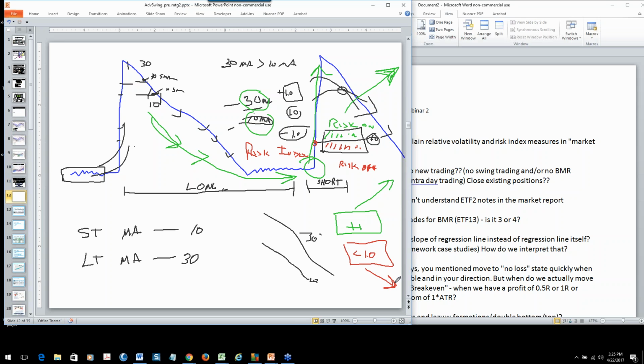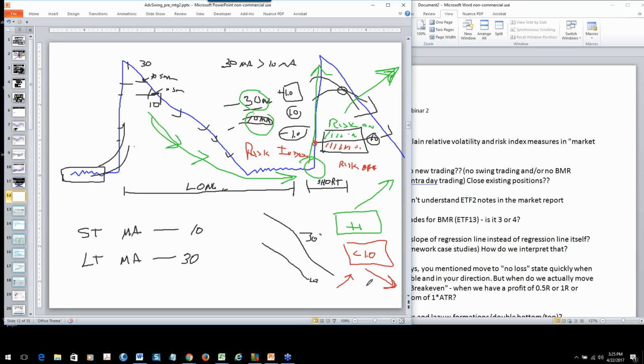You could say, well, I'm not going to take swing positions, or I'll take the ones that are looking to go short. Or for the swing positions that I have, I will make sure, especially sure, that my stops are in place. And I will be more likely to take short-term gains rather than holding out for the extra gains of longer term. So if there's ever a question about whether to stay in or to get out, I'm more likely to get out when I have a risk index less than 1.